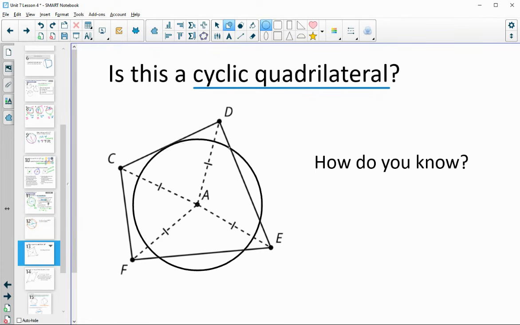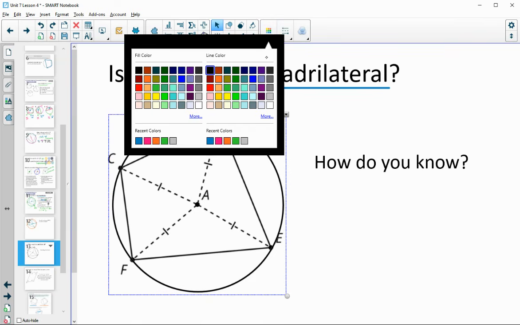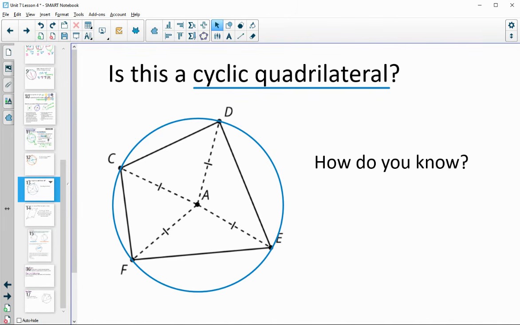You could start it at the center and then it should go through all 4 points at the same time. Let me just change that color so it sticks out a little bit. If we do know that 4 points are the same distance away from another point, there should be a circle that goes through them, making it a cyclic quadrilateral.